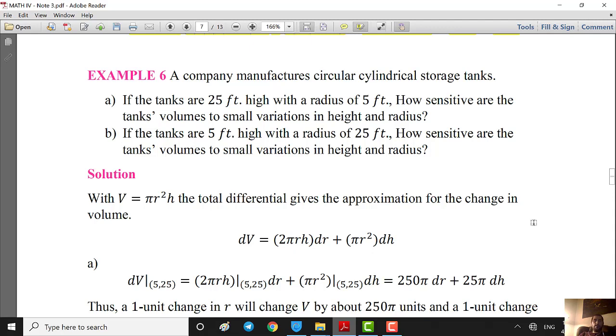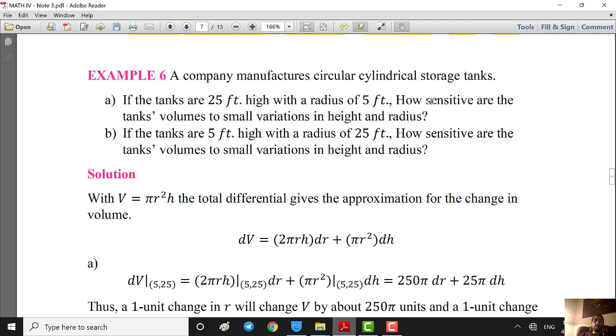Now, part A says if the tanks are 20 feet high with a radius of 5 feet, how sensitive are the tank's volumes to small variations in height and radius?